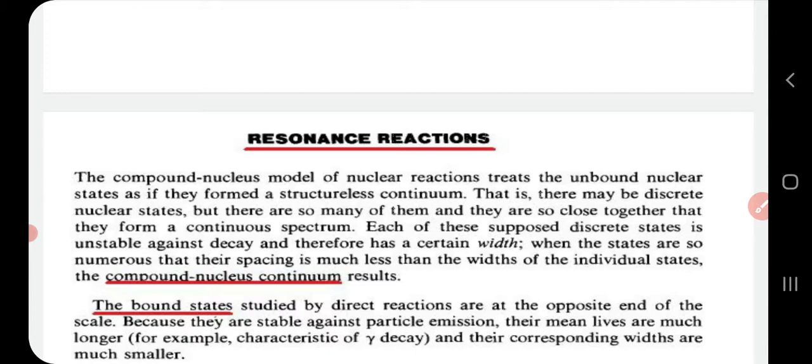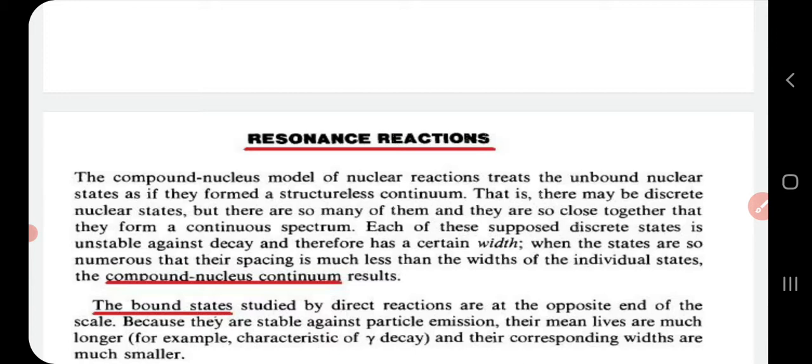Now, each of these nuclear states is considered a discrete state. Hence, they will be unstable and very soon they will decay, so definitely they will possess a certain width. So, they have a width, which means they are unstable and decay quickly, and at the same time they are discrete.